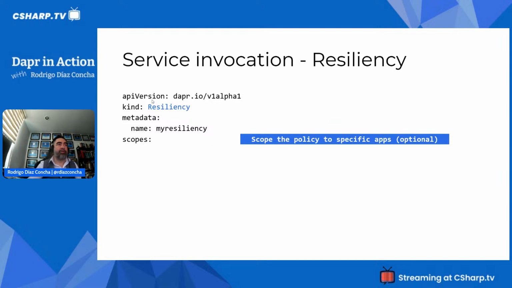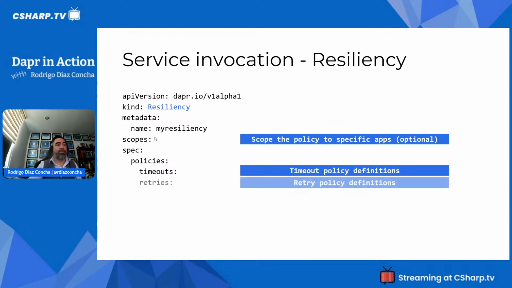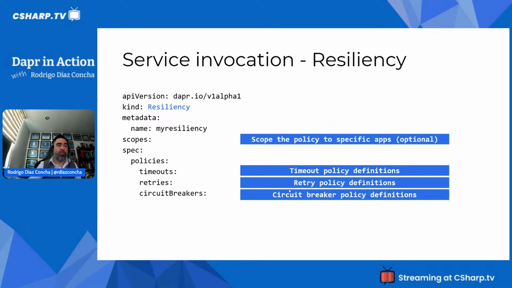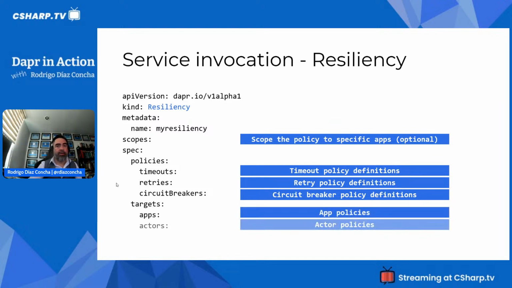For example, you can see that I have API version and kind. The kind is Resiliency, then metadata, and you have to specify the scopes and the kind of policies that you want to apply for this resiliency document. For instance, timeouts, retries, circuit breakers, and so on.